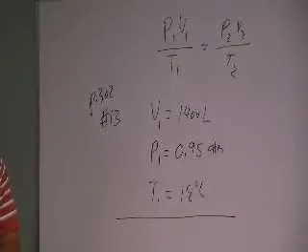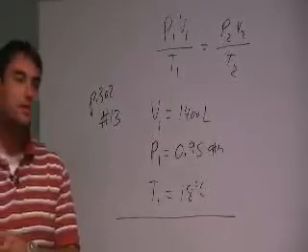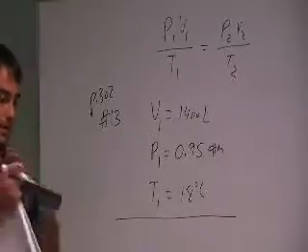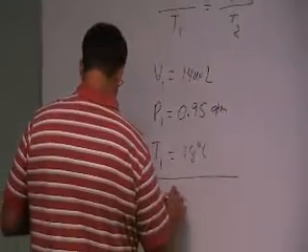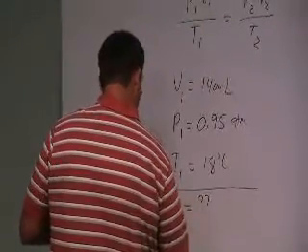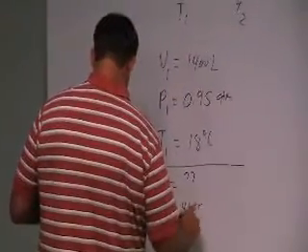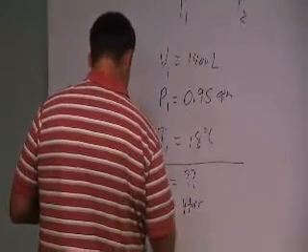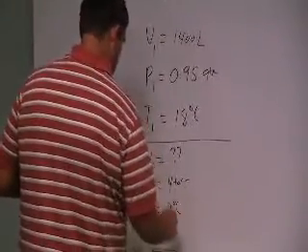Then we're going to release it, let this balloon go 22 miles up, and here's what's going to happen. We're going to have a volume of unknown, a pressure of 4 torr, and a temperature of 2 degrees centigrade.